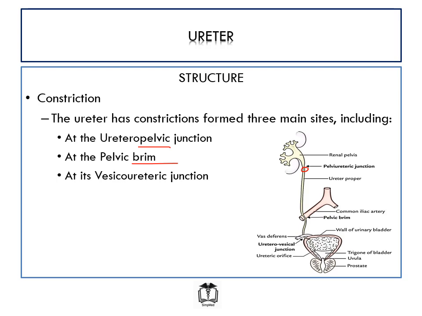So that transition point forms this constriction. So in the pelvic brim, we have the second constriction. And then finally, we have the third constriction found as the ureter enters into the bladder, at the level of the vesical ureteric junction. So at this point, the ureter enters into the bladder.